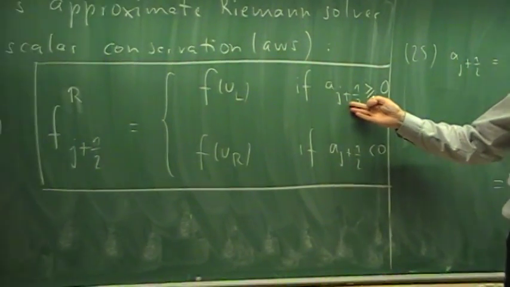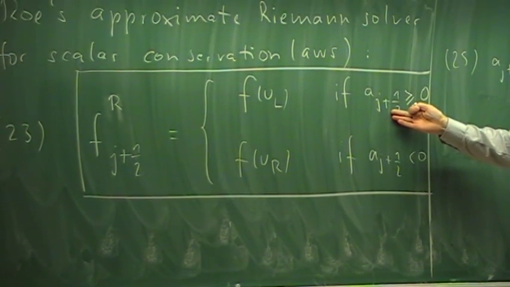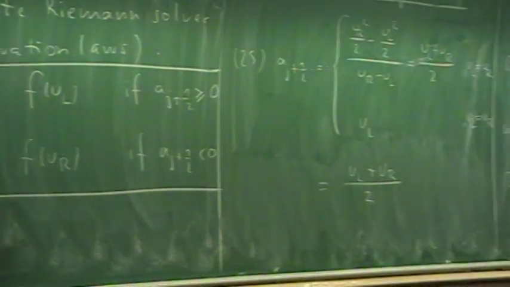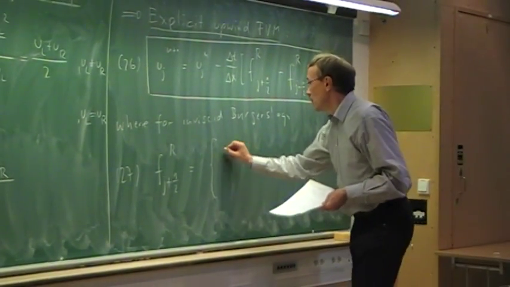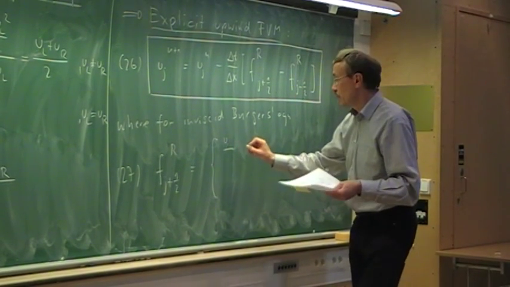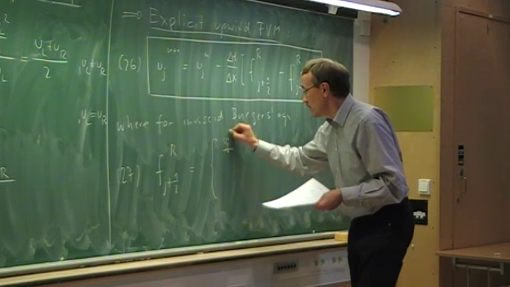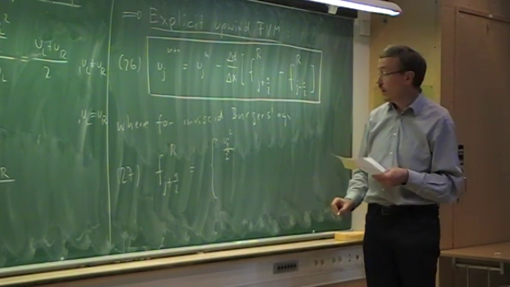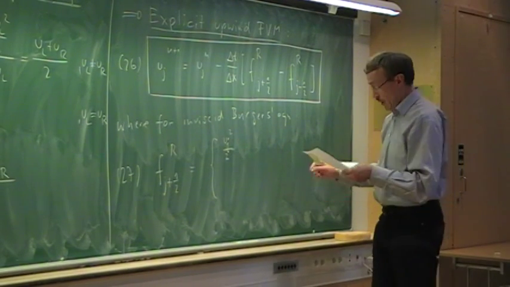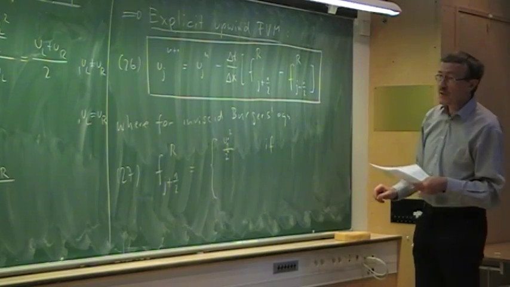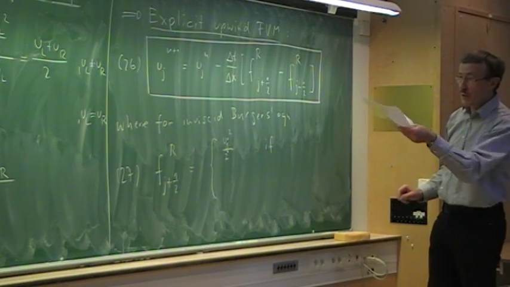If the wind is blowing from the left, decided by the characteristic speed, then we take f of ul, for the inviscid Burgers equation, that is ul squared half. And ul was uj. So now we remember that ul was uj, and that is the case if the characteristic speed is positive.